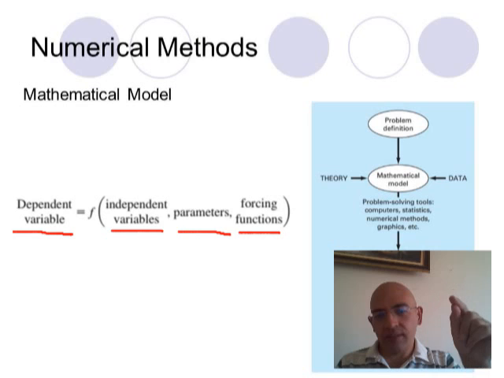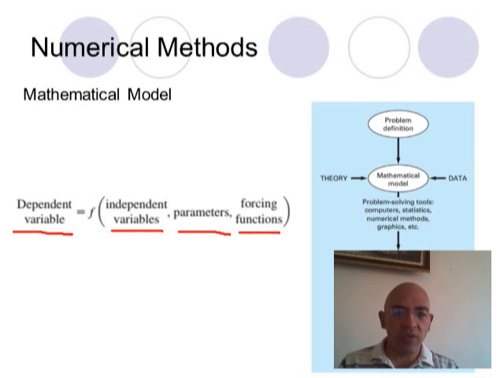So after 5 ticks of the clock, the object moves to here. So again, time is an independent variable because it doesn't depend on anything else. So this is what the independent variable is according to mathematics.